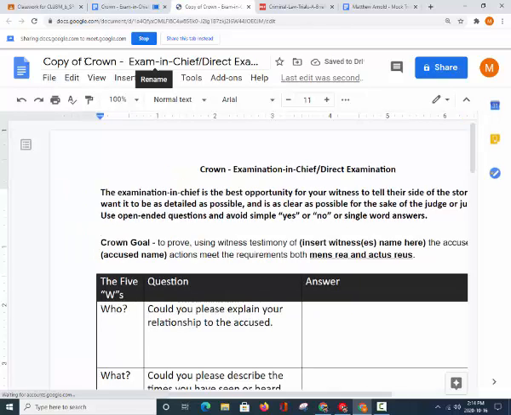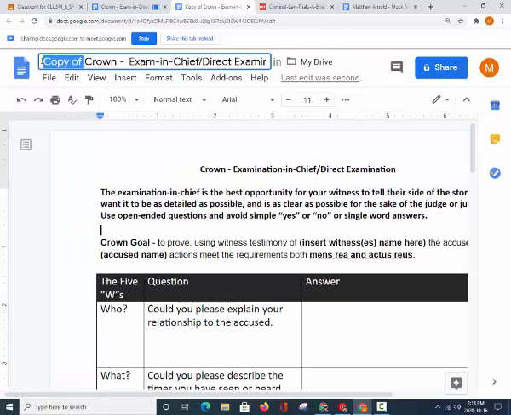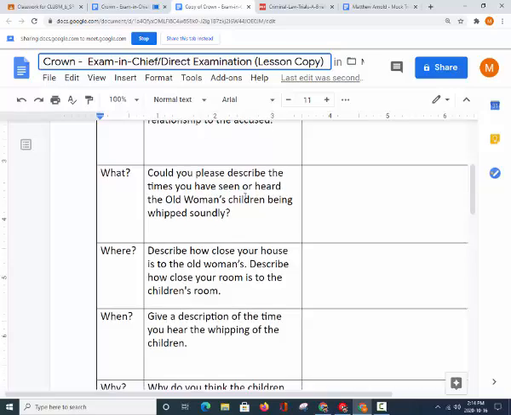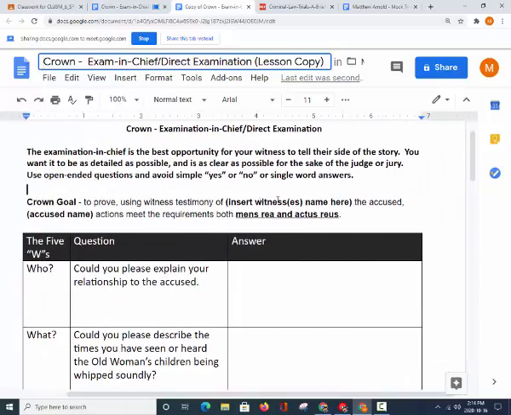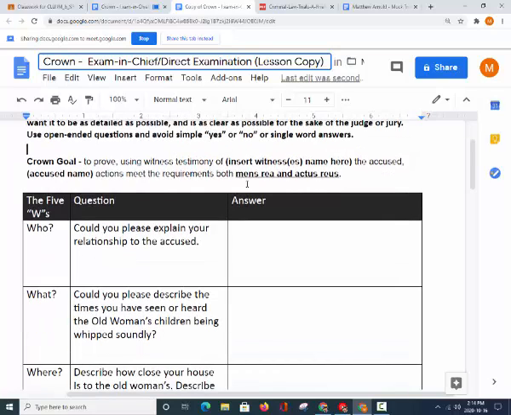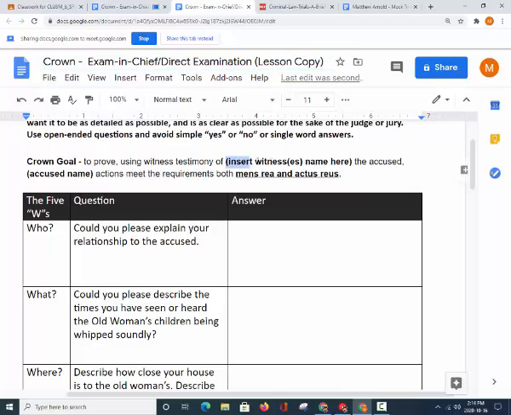So I have made a copy of the old woman in the shoe, and we're going to take a look at this. So the Crown's goal is to prove using witness testimony. And in this case, we're going to use the testimony of the next door neighbor.